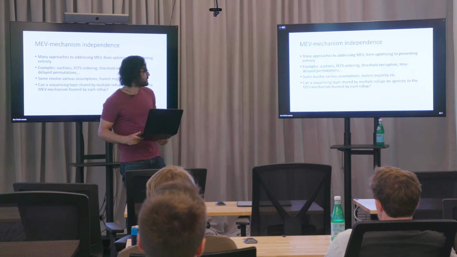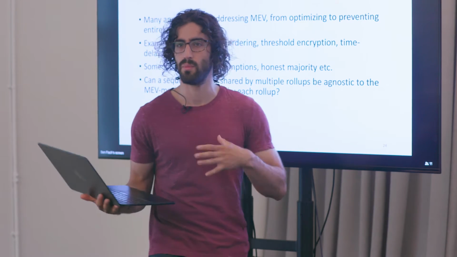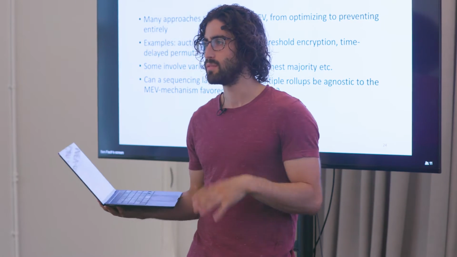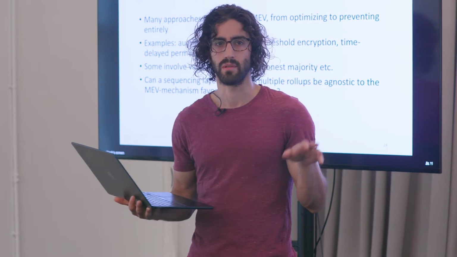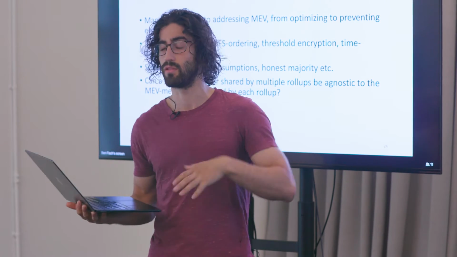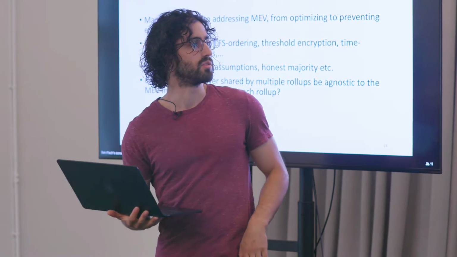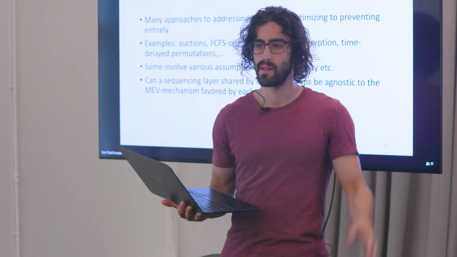The second problem is about MEV mechanism independence. Different rollups may have different approaches to MEV. Some want to run auctions to try to optimize and democratize the distribution or use it for funding of public goods. Others want to prevent it entirely. Some favor a first come first serve ordering policy.